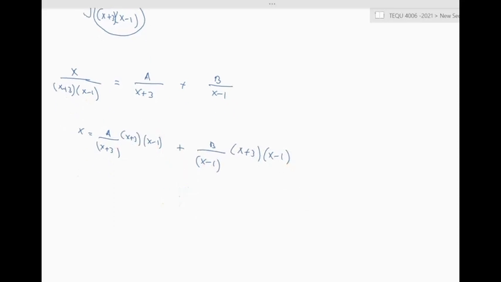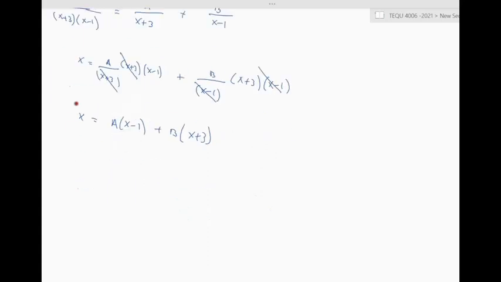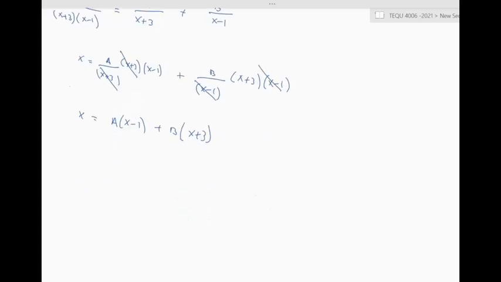What's going to happen is (x plus 3) cancels out, (x minus 1) cancels out, and you end up with x equal A(x minus 1) plus B(x plus 3). All right? And that's what we need to solve.